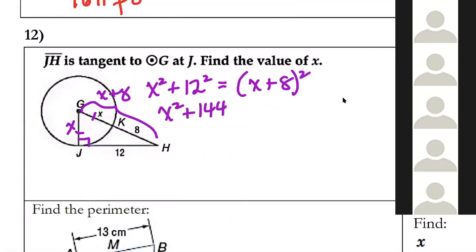What you have to be careful about on this one is remember that that quantity squared gets FOILed. So that would be x plus 8 times x plus 8. So x squared plus 16x plus 64.